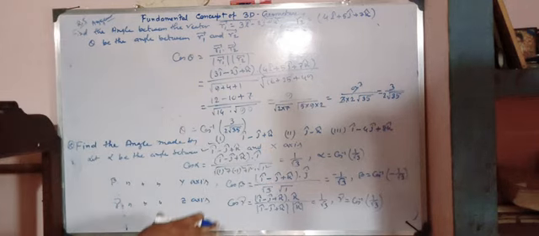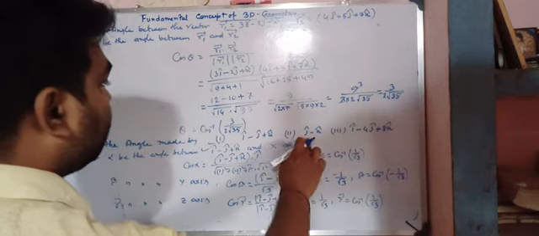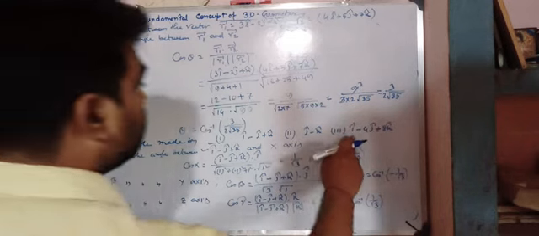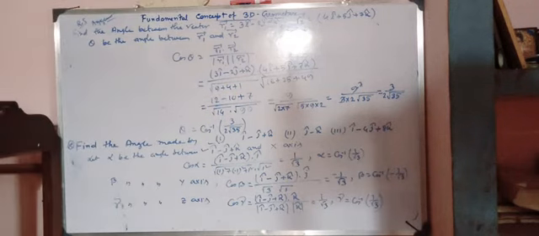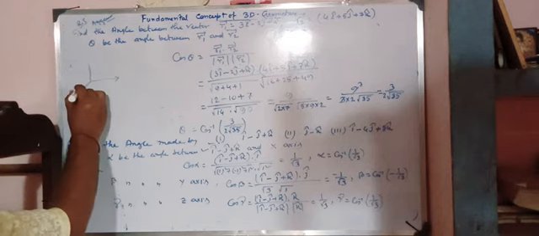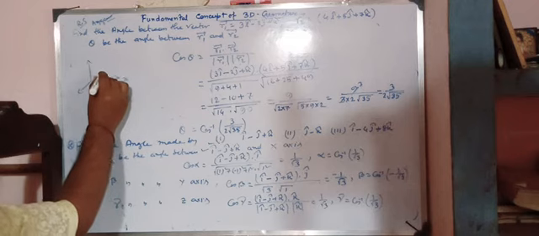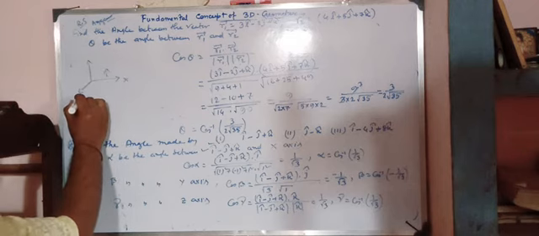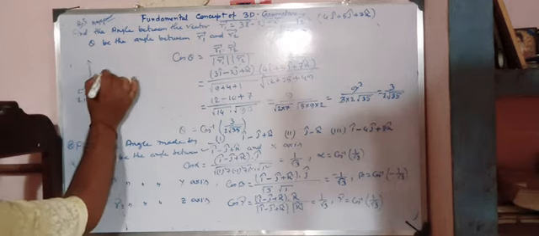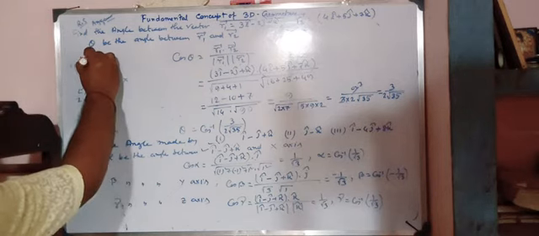Now, similarly, by proceeding with this process, we can easily find the angle between the other vectors and the three coordinate axes. Any unit vector along the x axis is i, along the z axis we take k, and along the y axis we take j.